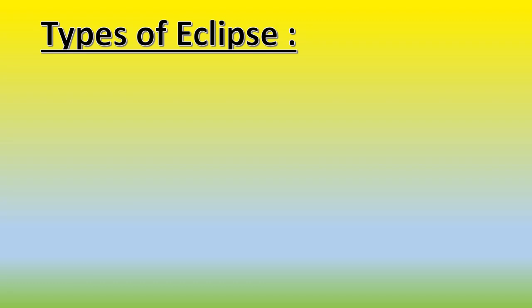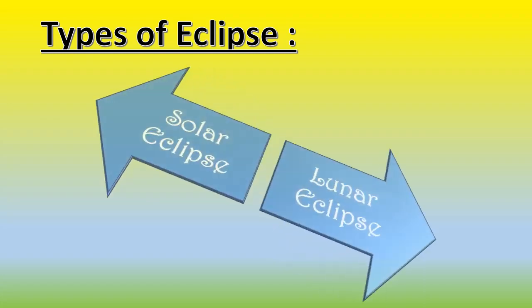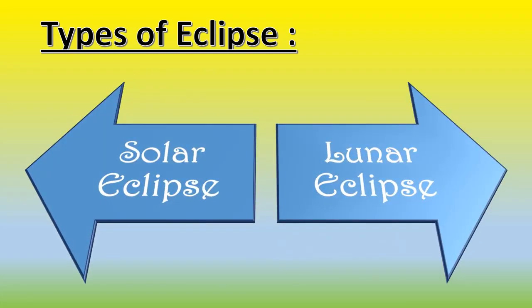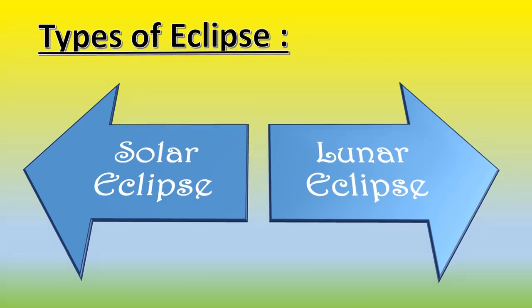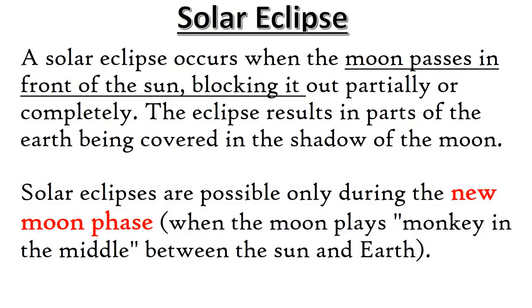There are different types of eclipses. They are broadly divided into two types, namely solar eclipse and lunar eclipse. What is solar eclipse?